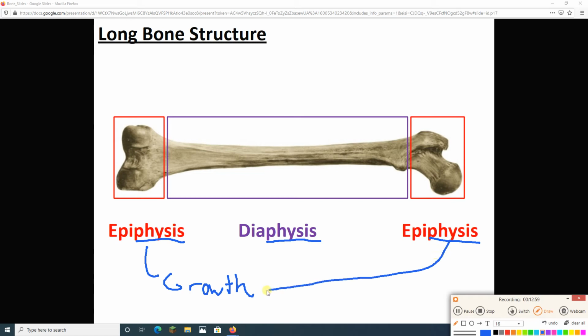Epi, and we know epi is going to mean like outside of, on top of, beyond. Dia means between. So I got epi, which I'm going to say means outside, and I got dia, which is going to mean between.